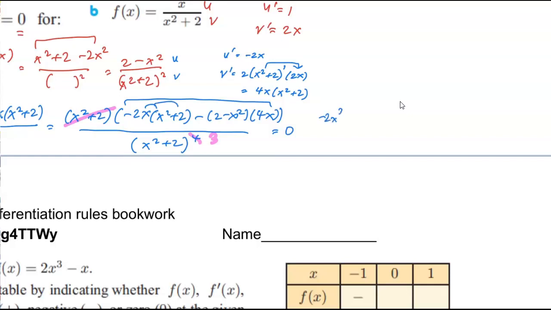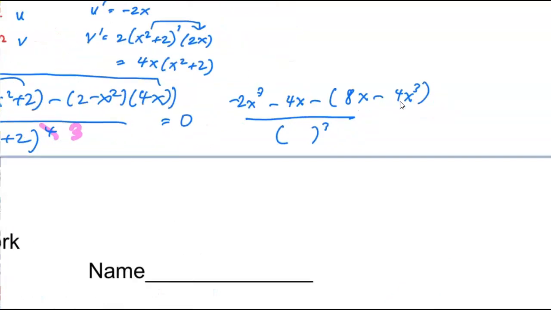Negative 2x cubed minus 4x minus 8x minus 4x cubed, with something on the bottom.